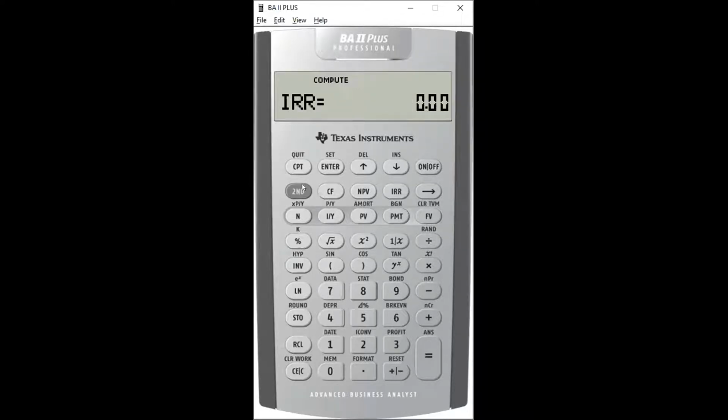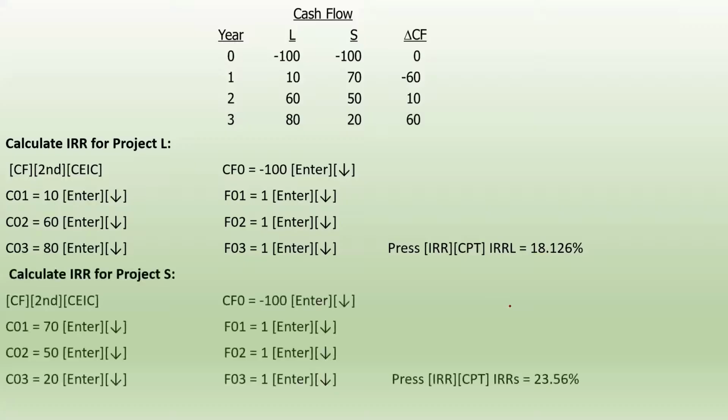Then we press IRR compute. So S has a higher IRR than project L. I also put the project S IRR procedure here, so you can get a brief idea of how to use a financial calculator to calculate IRR.